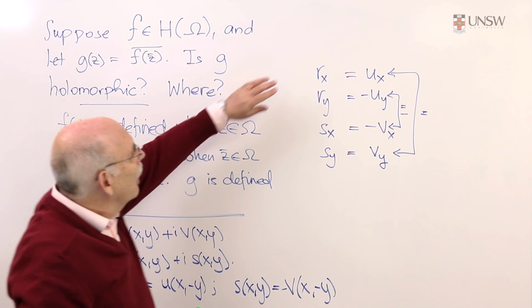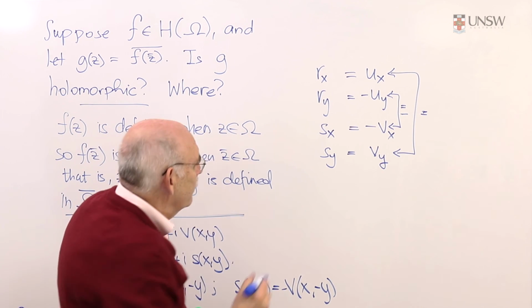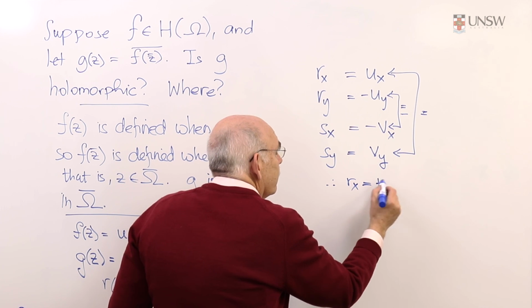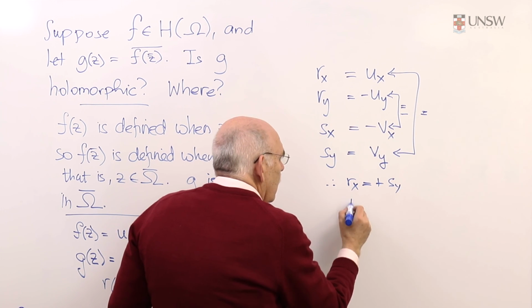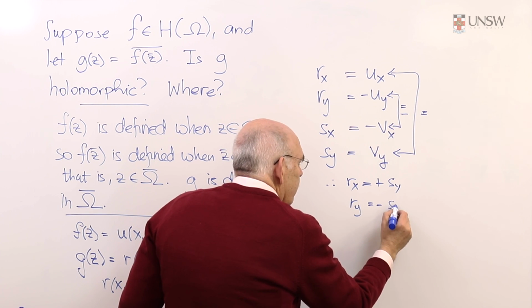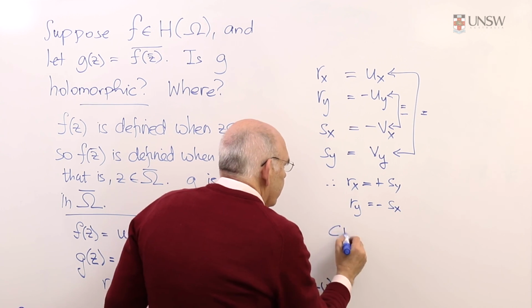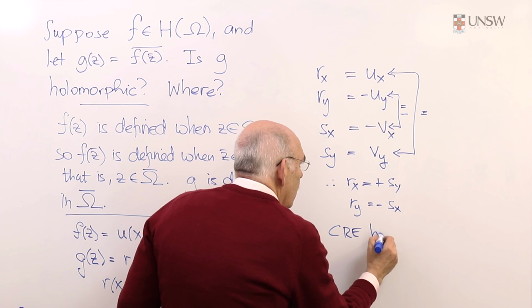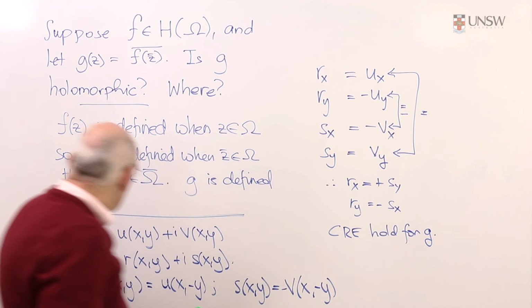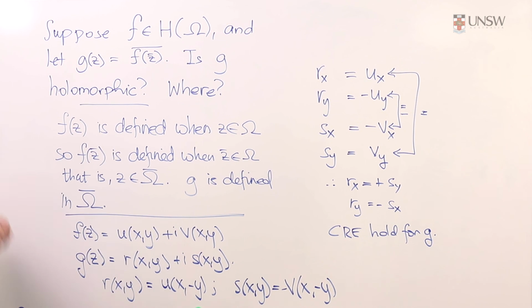And that means that r x is equal to s y, and r y is equal to minus s x. And that says the Cauchy-Riemann equations hold for g, which makes g differentiable at every point in omega conjugate. In other words, g is holomorphic. That's it.